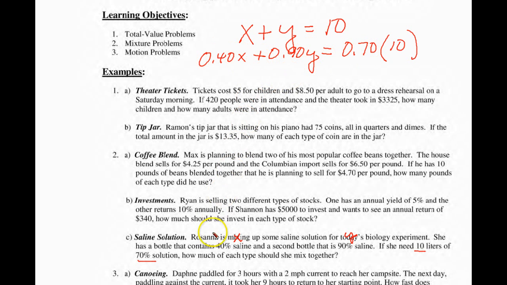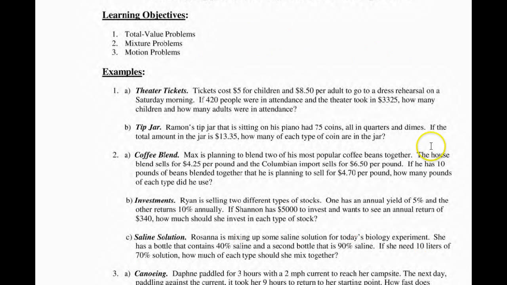And all of these now follow the same recipe. Get rid of your decimals, multiplying each term by 100, and solve them. Now for this next one, or the next two are very similar.